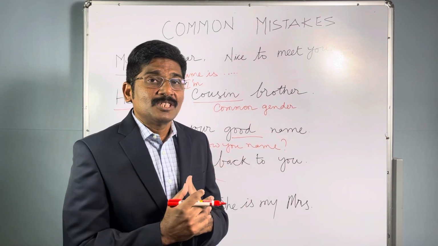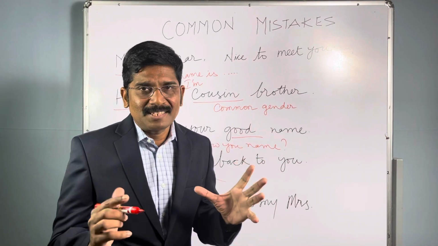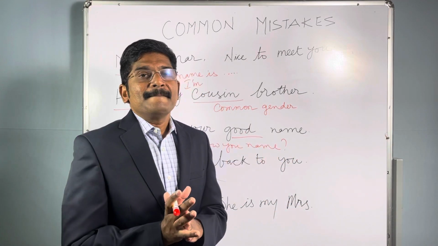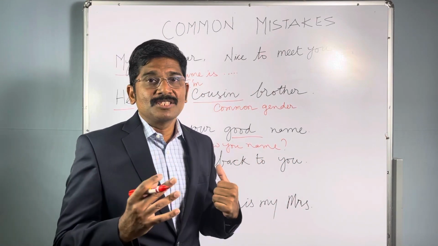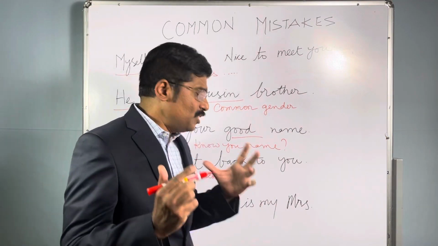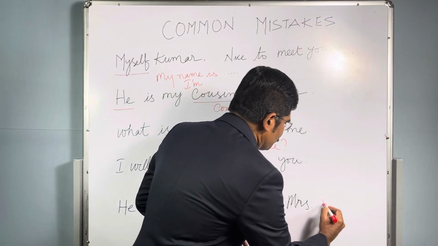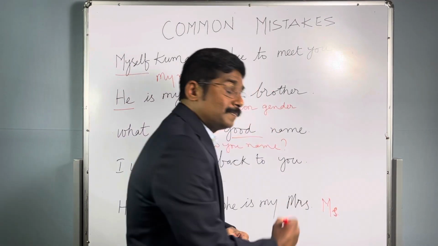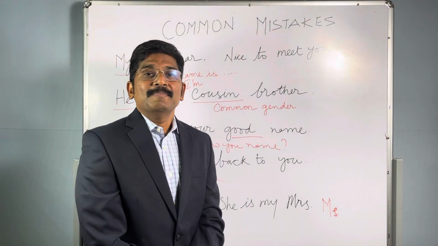Then what should we use? Unmarried woman is Miss. Married is Mrs. But if you don't know her marital status, you can simply use Miss only. Miss so and so.